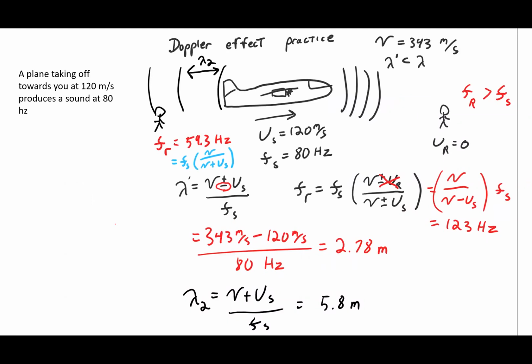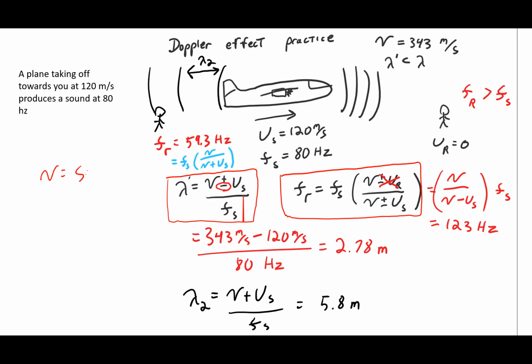So I have these two equations that I really want to use here, right? I have that the wavelength is dependent on the speed of sound, which I'm going to use V for, and the speed of the source, so I'm going to use U for the speed of the source.